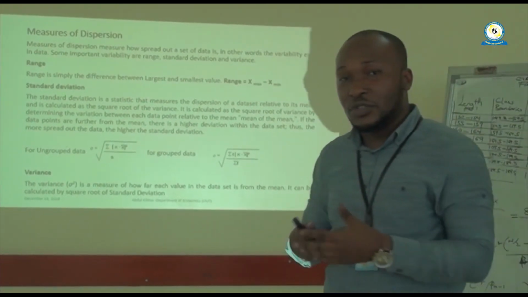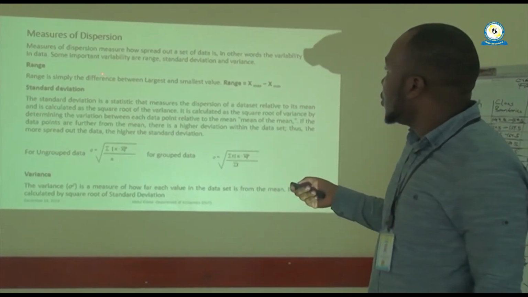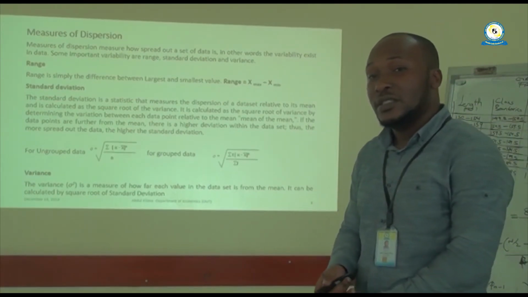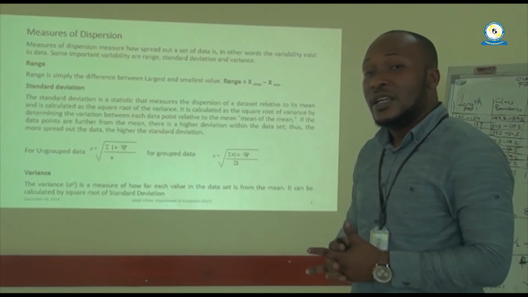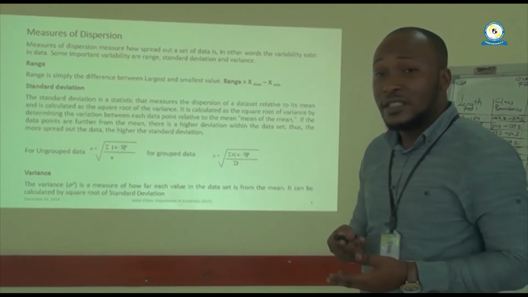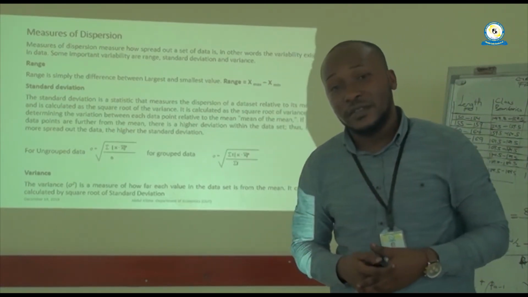Because the data varies across. Measures of dispersion measure how data is spread out, in other words the variability that exists in the data. Here we have range, standard deviation, and variance.